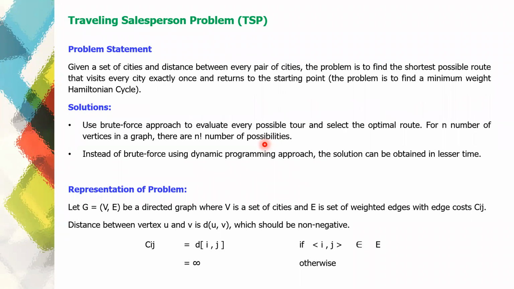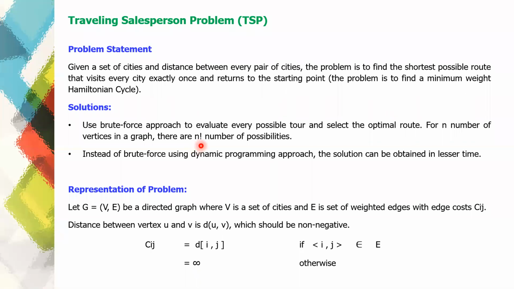You'll have to explore all the n factorial routes and find the distance for each route so that you can select the best route. So the time complexity will be n factorial, and this n factorial value will be very, very large.